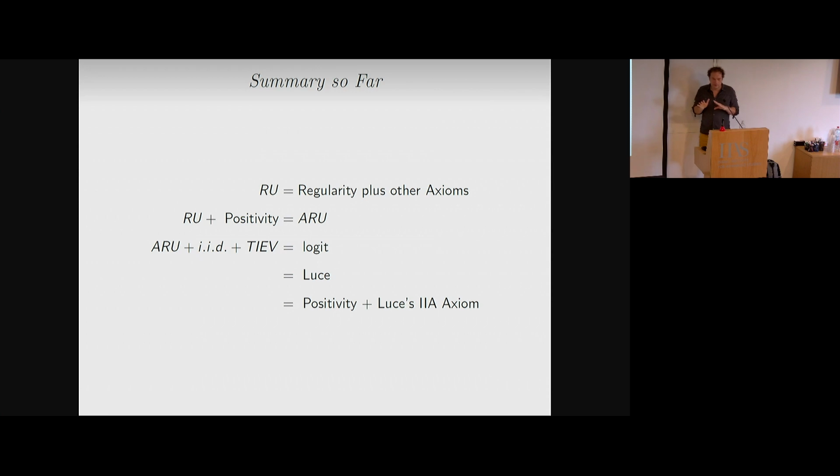Additive random utility plus IID plus type 1 extreme value is the same thing as logit, is the same thing as Luce, and is equivalent to positivity plus Luce's IIA axiom. You might ask, what about additive random utility plus IID without any functional form assumption? Do we have an axiom for that? No. Open question.